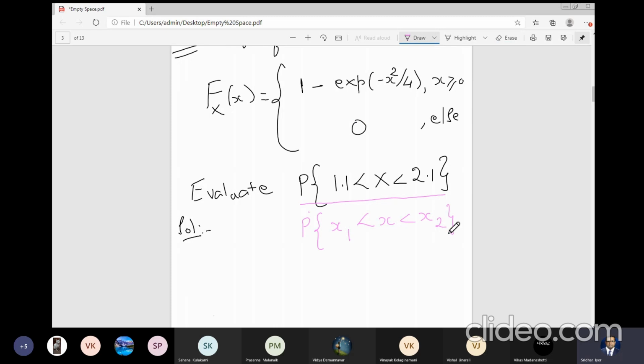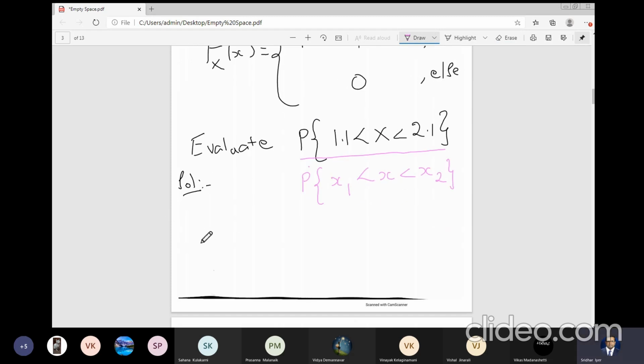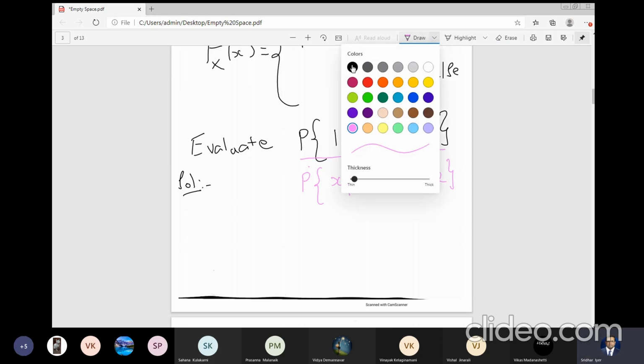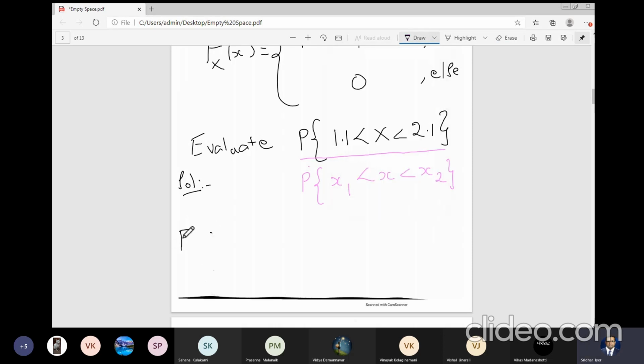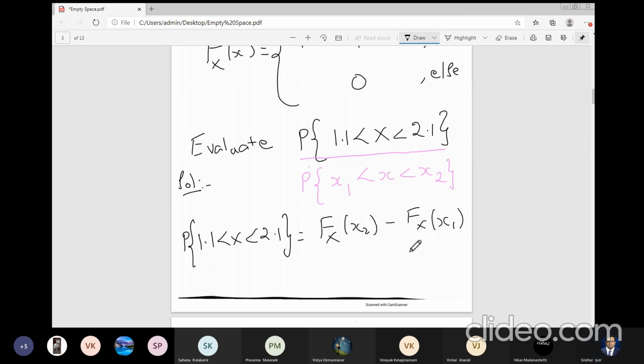So probability of 1.1 less than x less than 2.1 will be nothing but the CDF of x2 minus the CDF of x1, right?